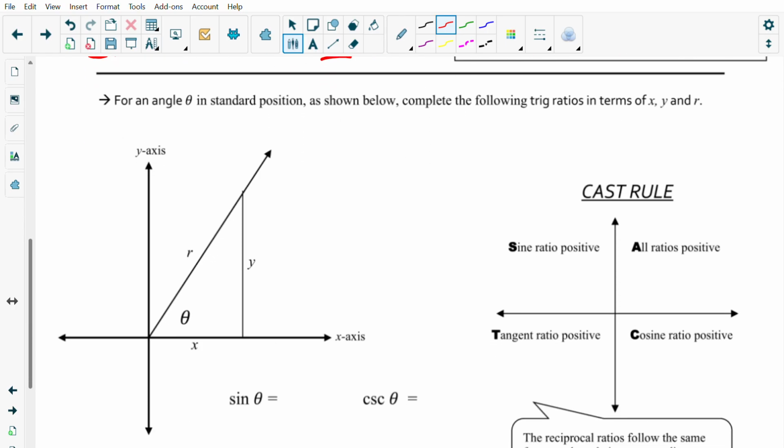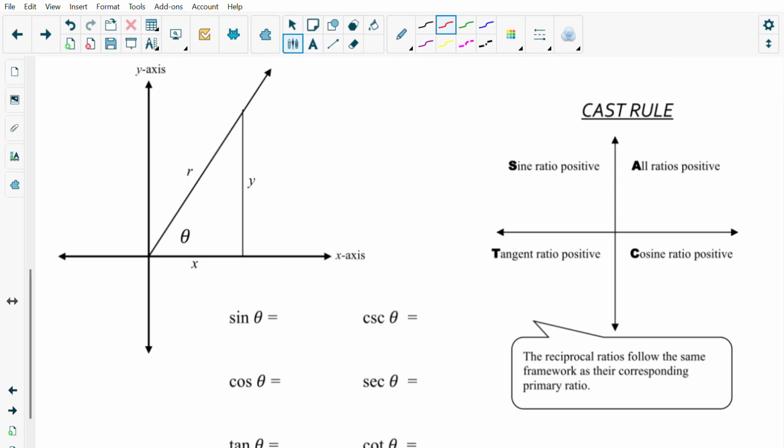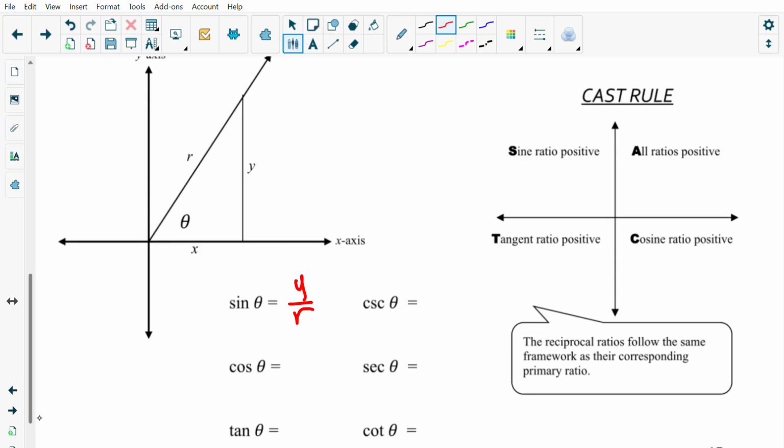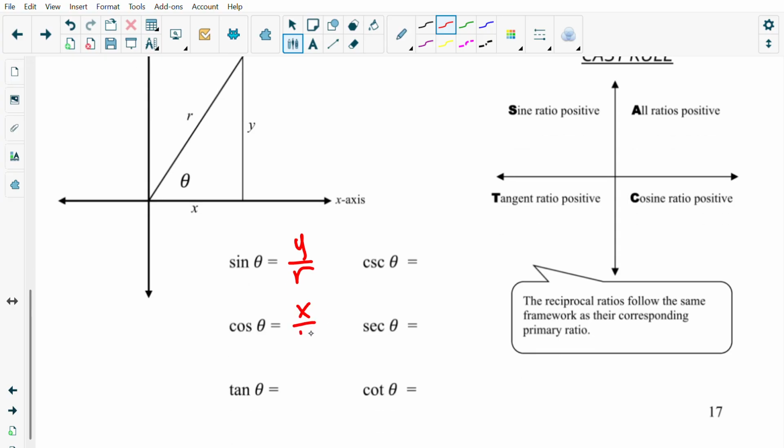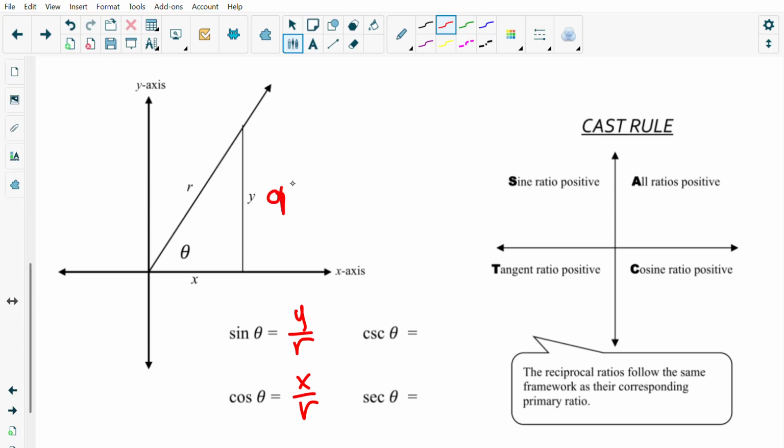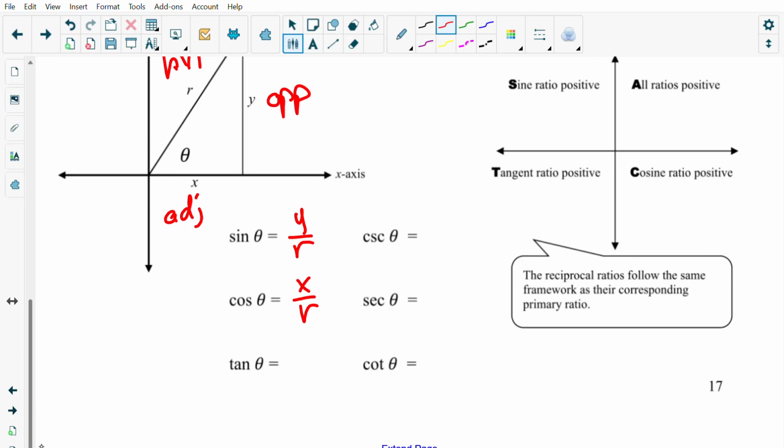Couple more things to review. For an angle theta in standard position as shown below, complete the following trig ratios in terms of x, y, and r. So sine of theta is y over r. Cosine of theta is x over r. If I'm labeling this, this is opposite, adjacent, and hypotenuse, so I'm just replacing with x's, y's, and r's here.